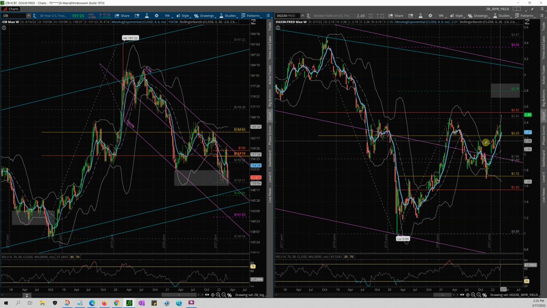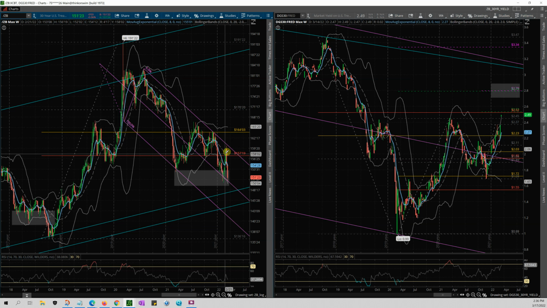And if you look at yields, this was the 2/28 weekly candle, and here's the 2/28 weekly candle. Yields came back only 38.2%, while price was dipping into the 618. So yields weren't really confirming this spike in prices.